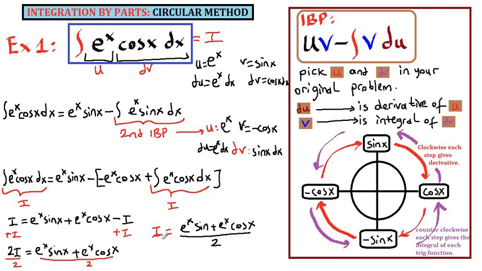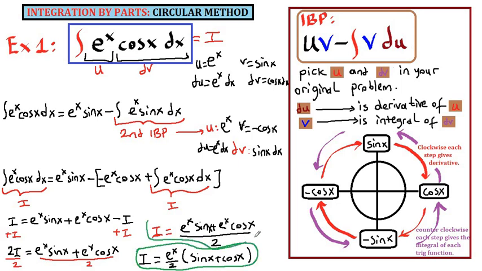You can leave your answer in this form, or you can simplify a little bit. You can pull out e to the x because it's the common factor. So e to the x over 2, or 1/2 e to the x, times sine x plus cosine x. So our original integral is equal to 1/2 times e to the x times sine x plus cosine x. Or you can leave it in this form.